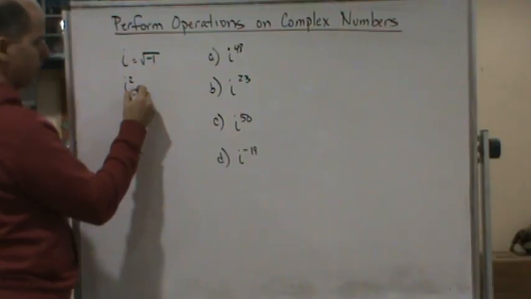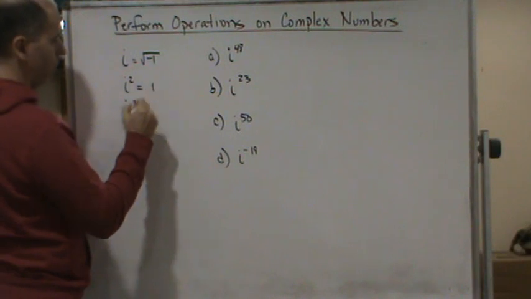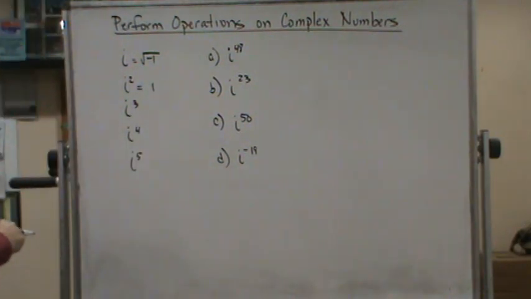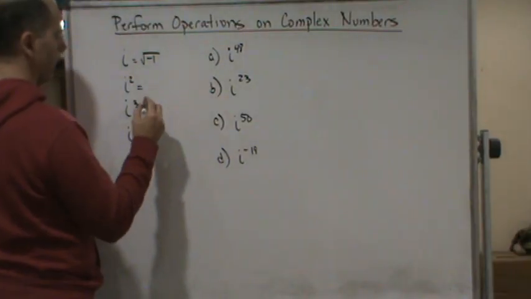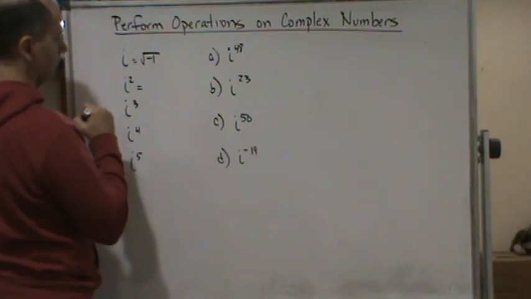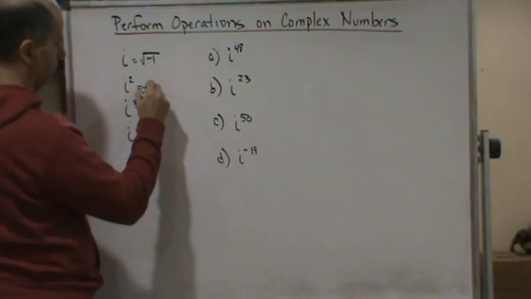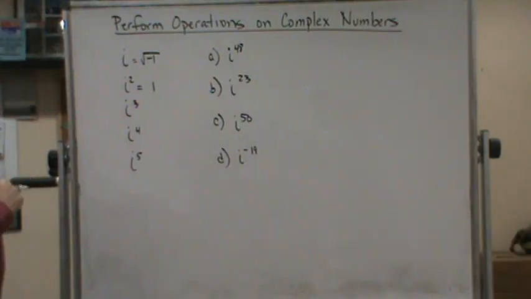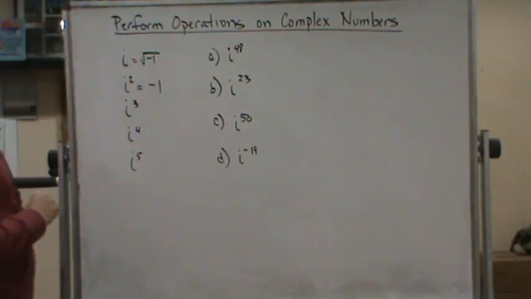i squared we saw was equal to... excuse me, -1. I'm sorry, i squared is -1.